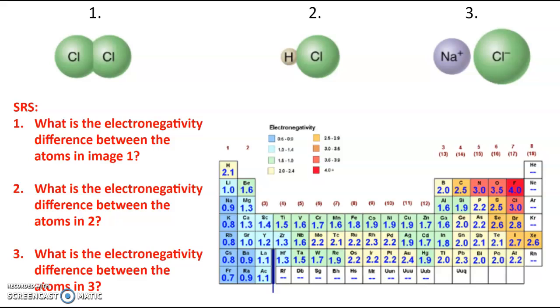Then we have example 3. Sodium's electronegativity is only 0.9, and chlorine's electronegativity is 3.0. So 3.0 minus 0.9, that's a huge difference in electronegativity land, because that's a difference of 2.1, and that means it's ionic, right?